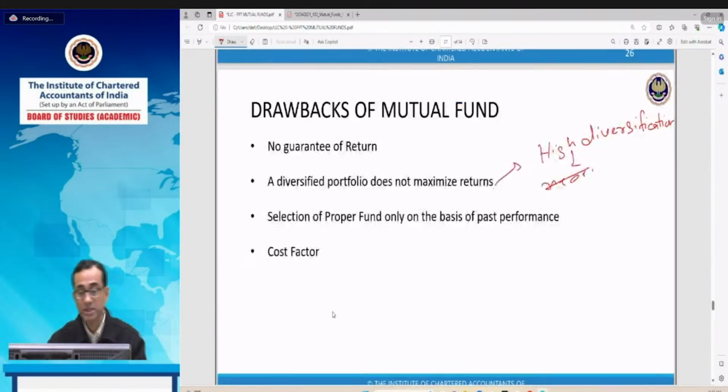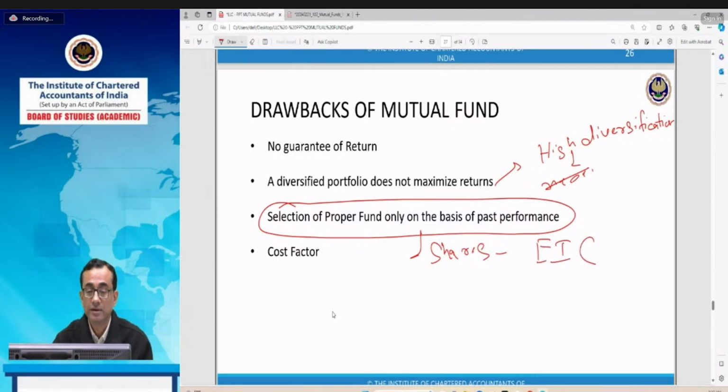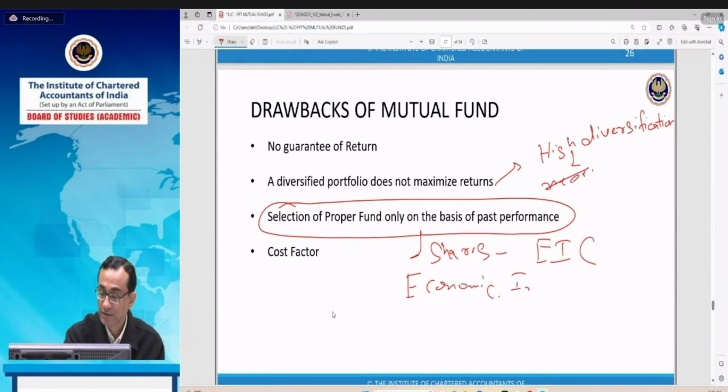Then another drawback is that selection of proper funds is only on the basis of past performance. In mutual funds, the selection can be only on the basis of the past performance. Because, as in case of shares, as we've seen in fundamental analysis, there is EIC analysis, but in case of mutual funds there is no economic, industry, and company analysis.